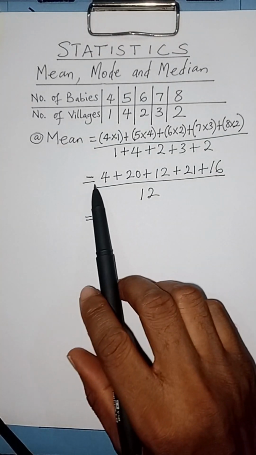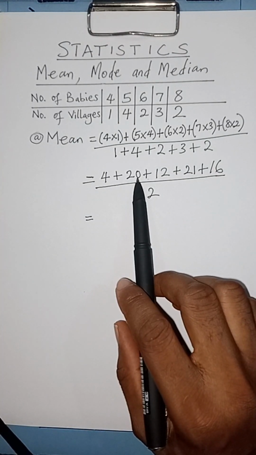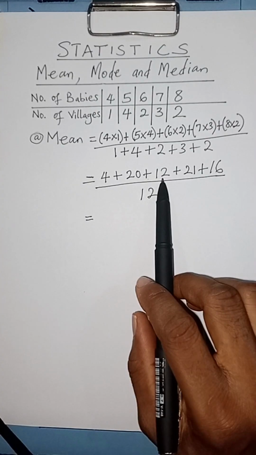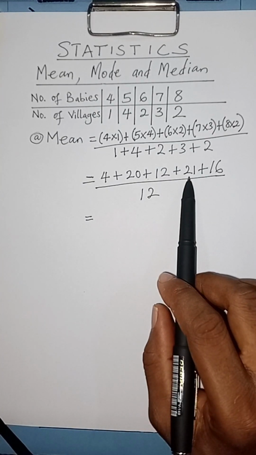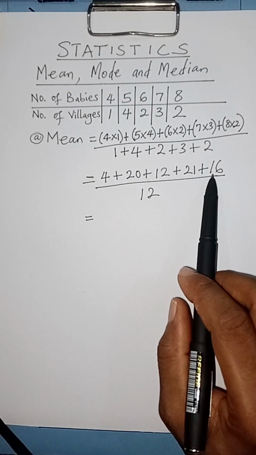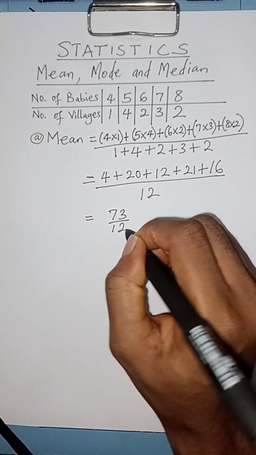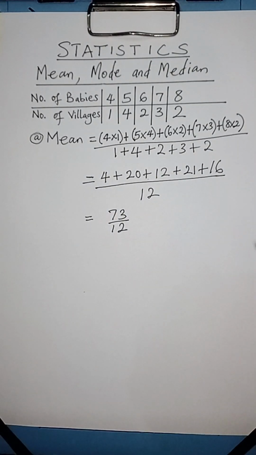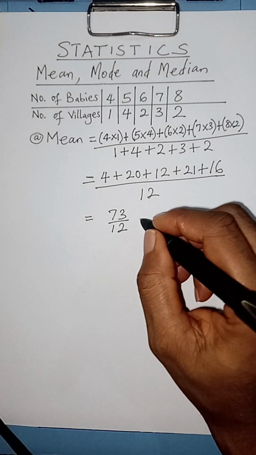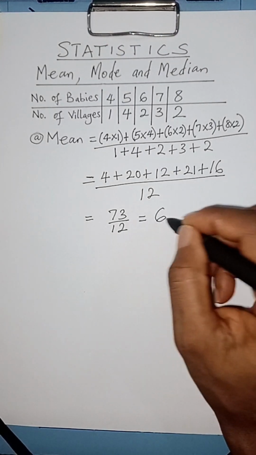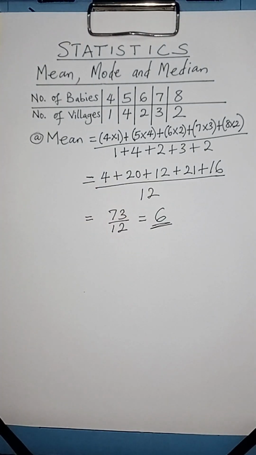Now let's add the numerator together. 4 plus 20 is 24, plus 12, 36, plus 21, 57, plus 16, 73. So you have 73 divide by 12. If you use your calculator to divide this, 73 divide by 12 to the nearest whole number, your answer would be 6.